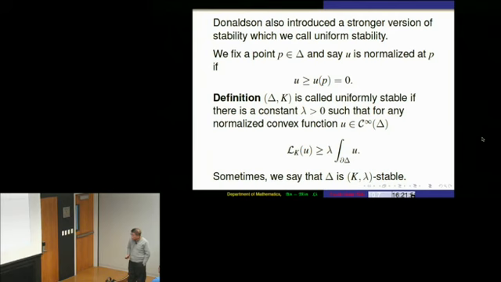Donaldson also introduced a stronger form of stability, which we call uniform stability.